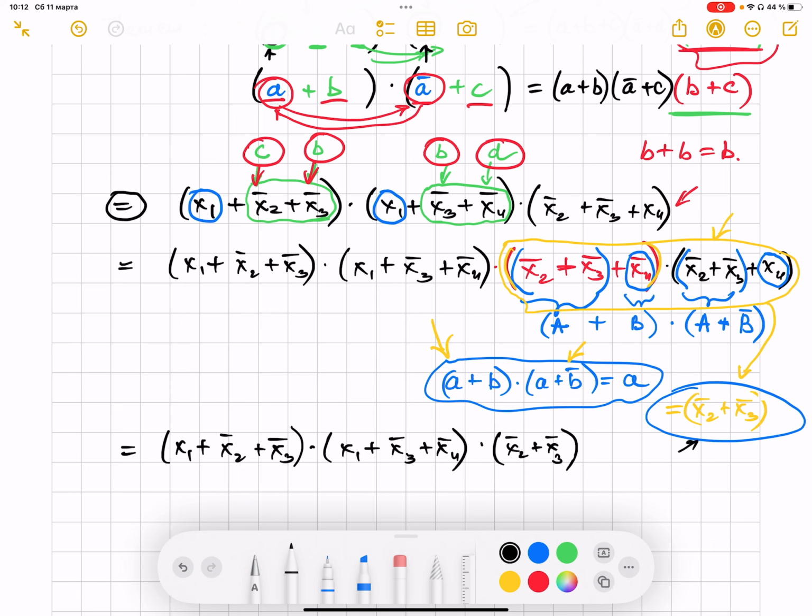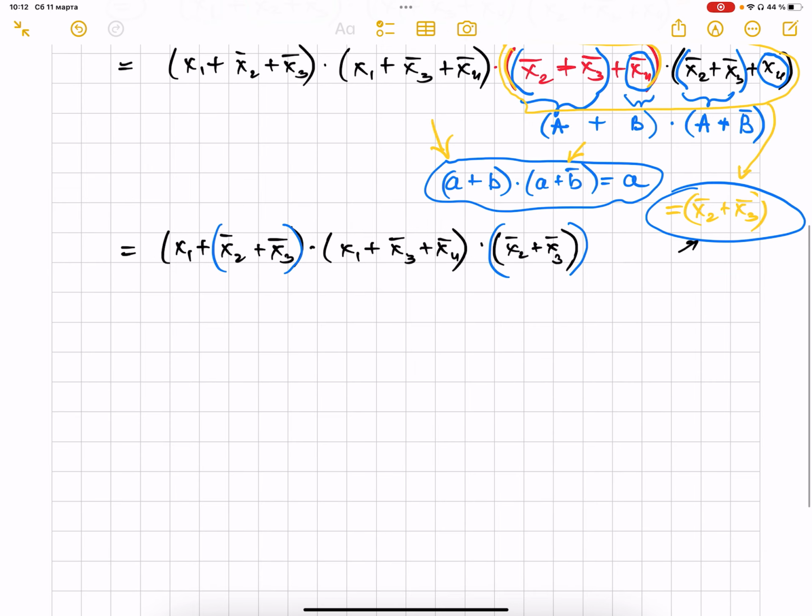Again, I'm seeing a way to use another formula. Let's see. We have here x2 bar x3 bar, right? And here also we have x2 bar x3 bar. So now what we have is x2 bar plus x3 bar. Let's consider them separately, multiplied by this one.